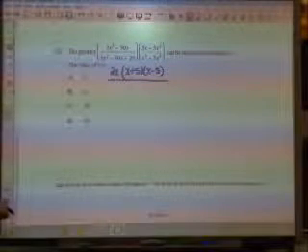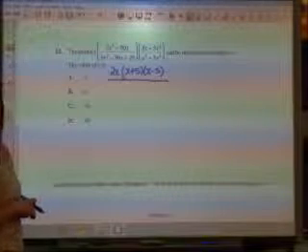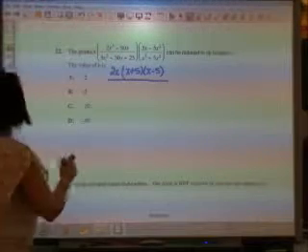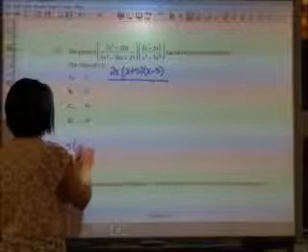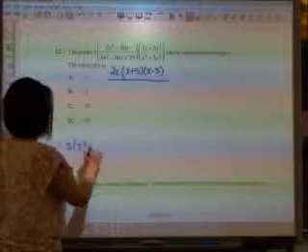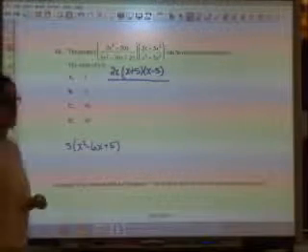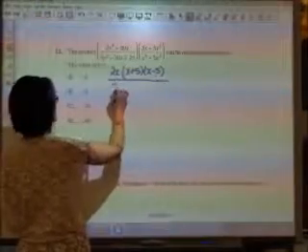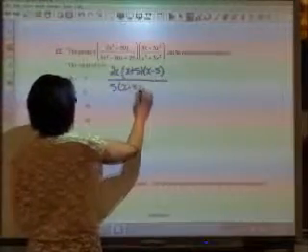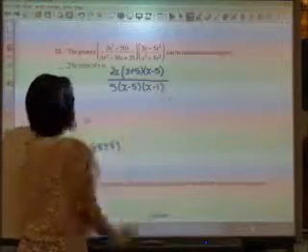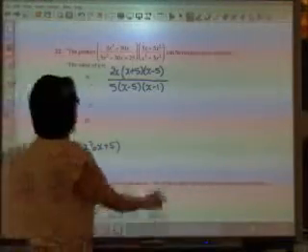On the bottom, 5x squared minus 30x plus 25. What can I do here? Factor out a 5. Take out a 5, and what am I left with? X squared minus 6x plus 5. And if I factor this, two numbers will multiply to 5 and add to negative 6. Negative 5. So negative 5 and negative 1. Okay.